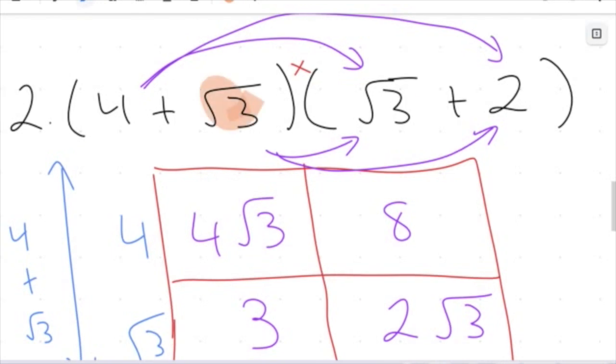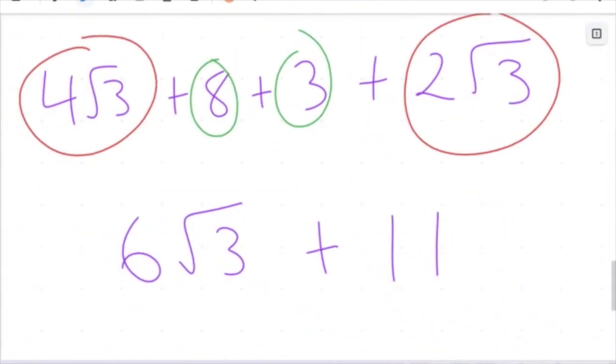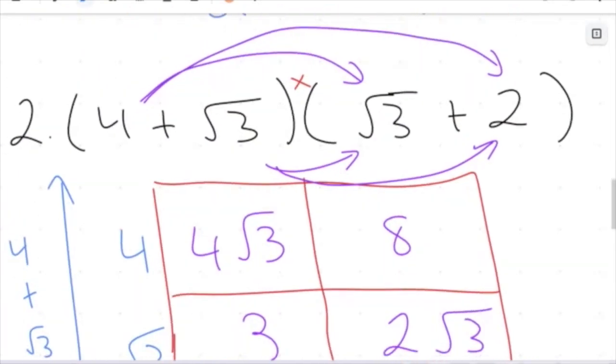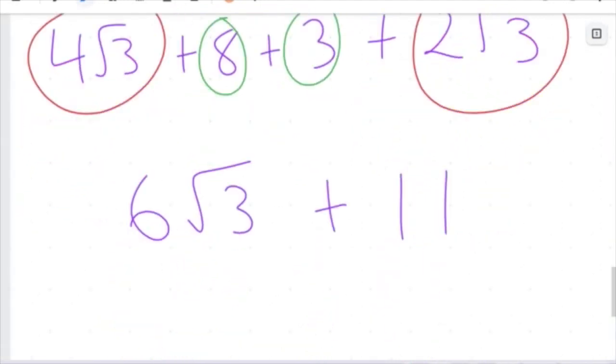Root 3 times root 3 just gives me 3, my next term down the bottom. And root 3 times 2 gives me my final term.